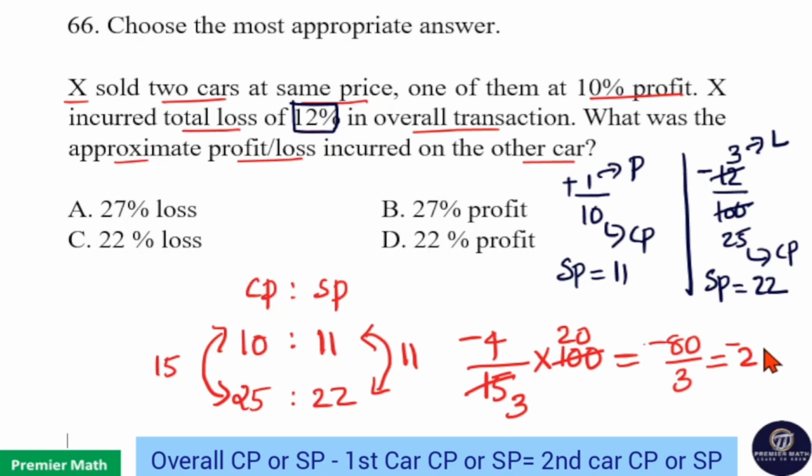So 20 by 3 is 6.66, that is 26.66% loss. That means the approximate value is option A, that is 27% loss. So here you can see the cost price of the second car is equal to 15 and the sell price of the second car is equal to 11 parts.